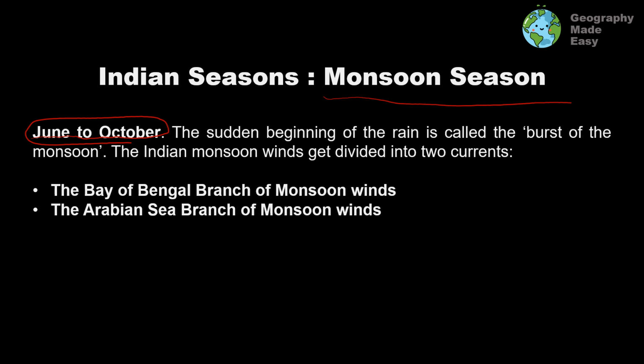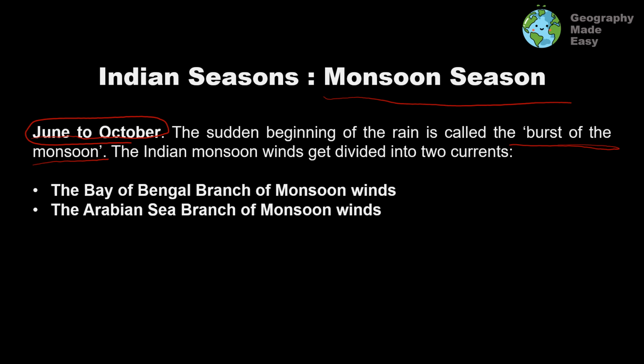So when do we say that the monsoon season has started? During the extended summer season, all of a sudden we see that rainfall starts in parts of India. This is known as the burst of the monsoon because the monsoon in India occurs all of a sudden, just like it's a surprise for the people of the country.